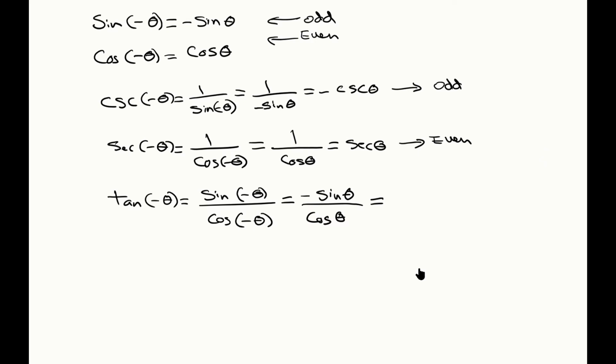So we get negative sine theta over cosine theta, which is of course negative tangent of theta. So notice that the tangent of negative theta is the opposite of the tangent of theta. And of course, this makes the tangent function odd.